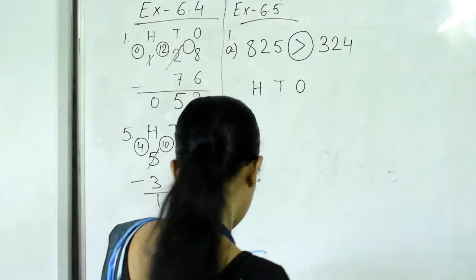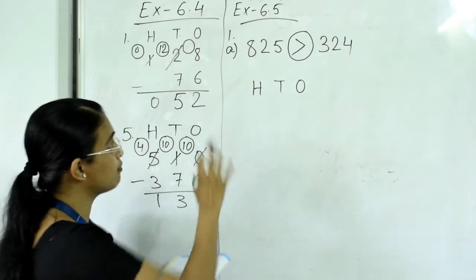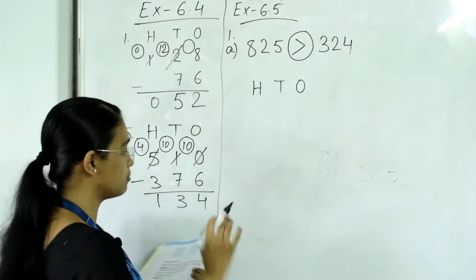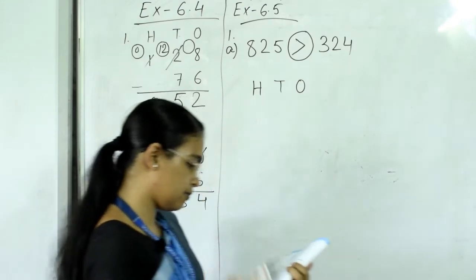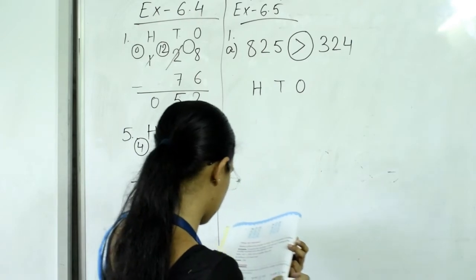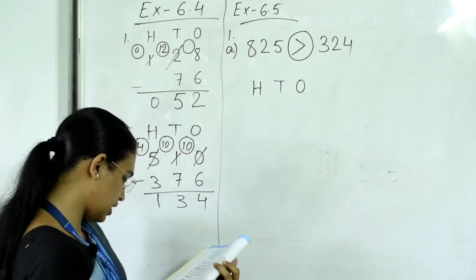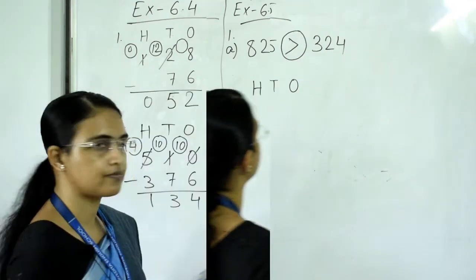Now the question is to compare the numbers, and we have compared both the numbers. Then what we have to do is subtract the smaller number from the greater number.